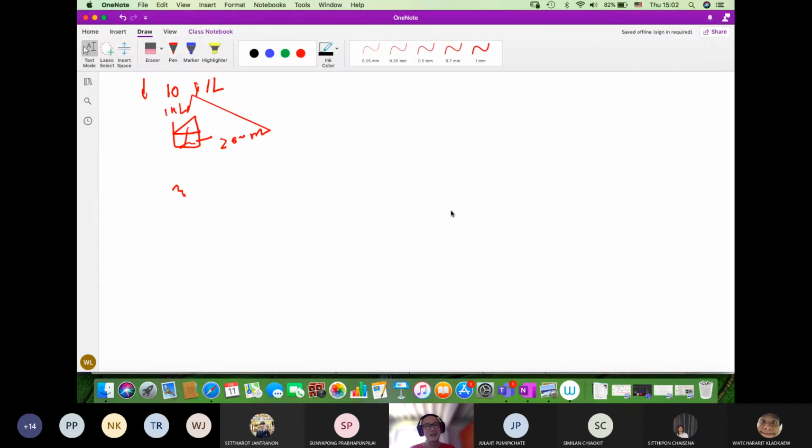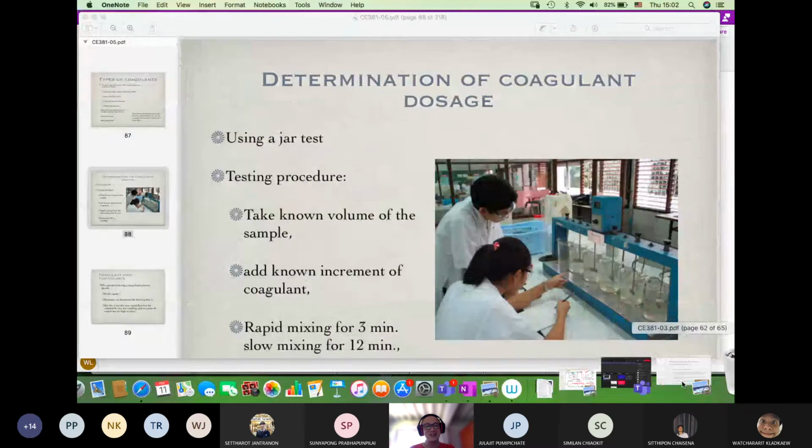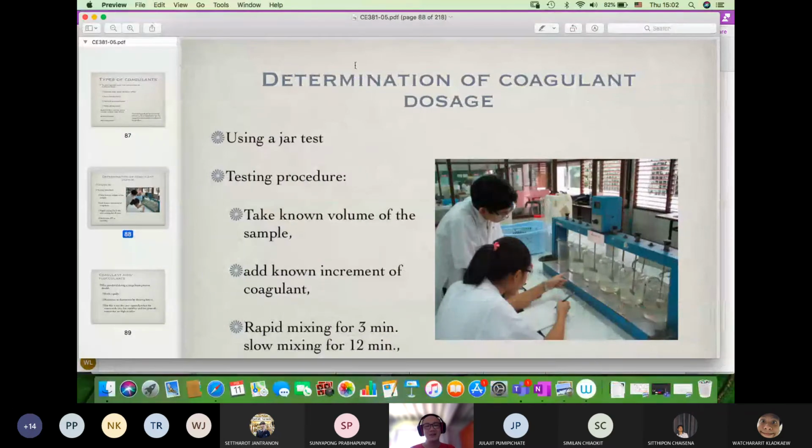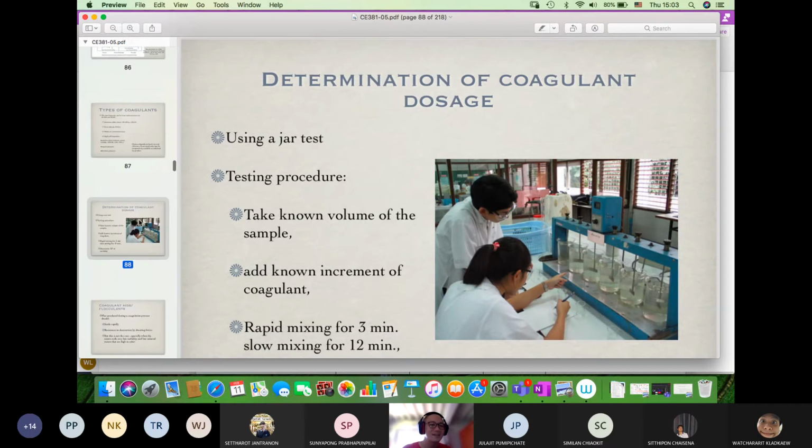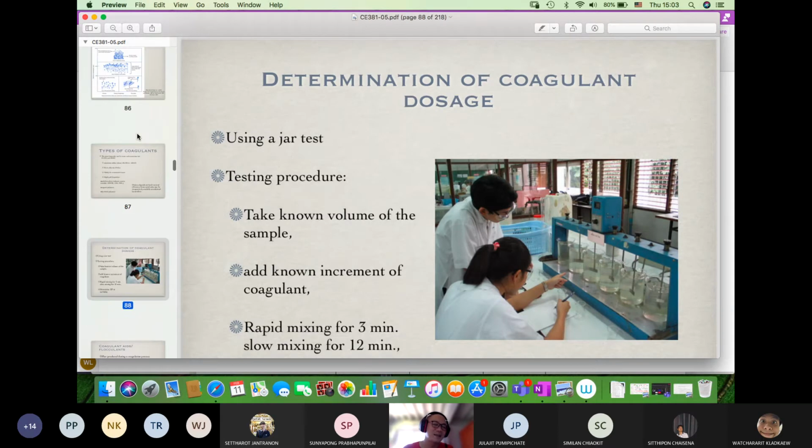Okay, so again, this information you can have a look in the files, but not in this room. It's in the CE 381 room. You can find this file there, and we will come back to these lectures again sometime after the midterm examination, so you clearly understand about the coagulation and flocculation.